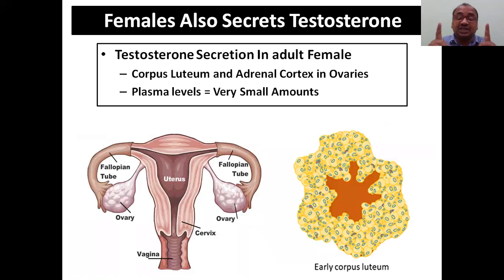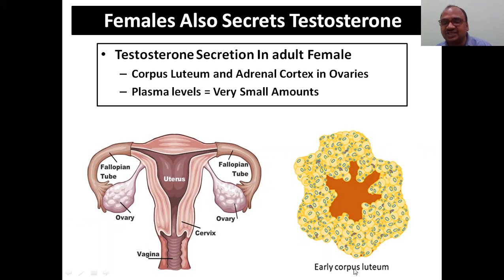Testosterone is also secreted by females, in a very, very small amount. So don't get confused: testosterone is mainly for men, but some quantity is also there, so don't think it is zero. Testosterone secretion also happens in adult females.